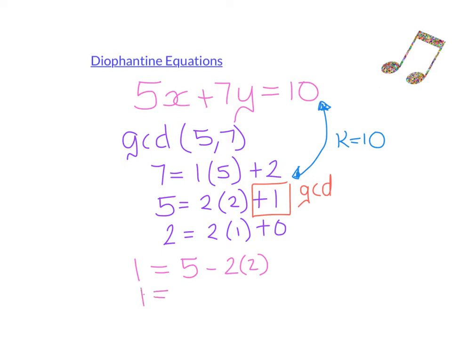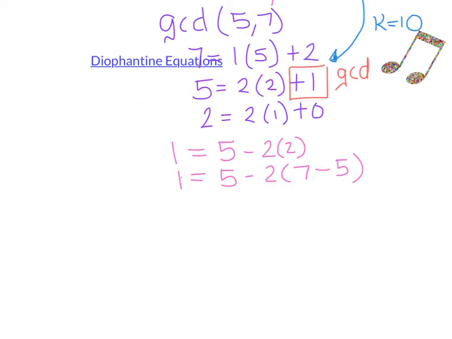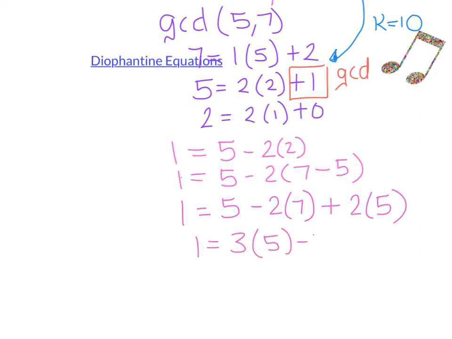So 1 is 5, take away 2 lots of 7 minus 5. And we'll expand that out. So 1 is equal to 5 minus 2 lots of 7 plus another 2 lots of 5. So it's 3 lots of 5 minus 2 lots of 7. So 3 lots of 5 minus 2 lots of 7 are equal to 1.